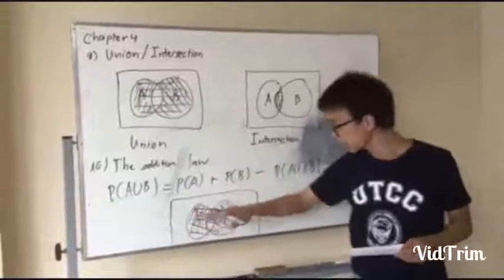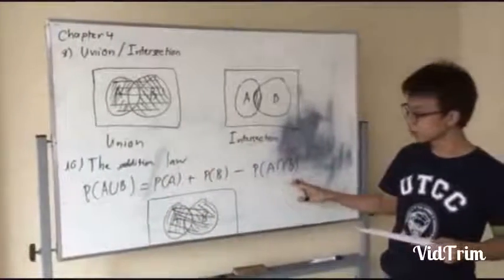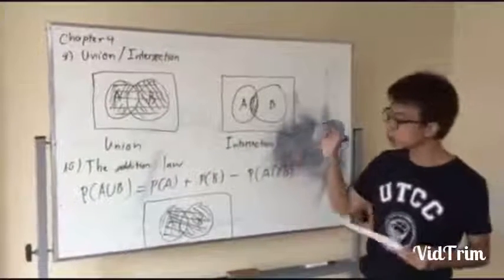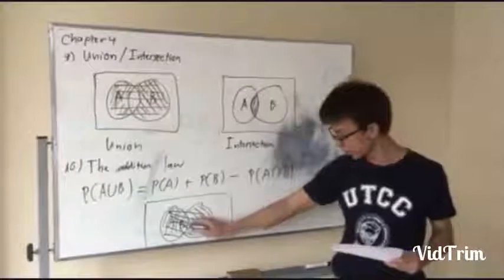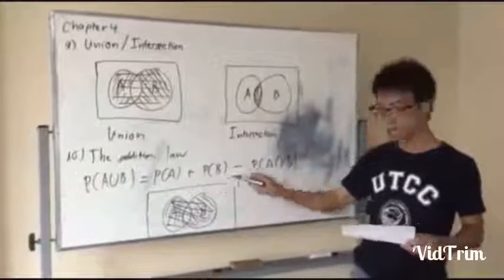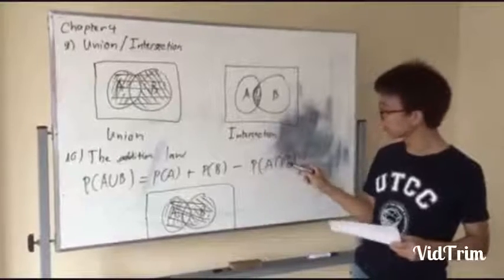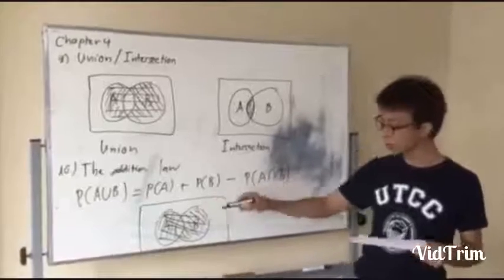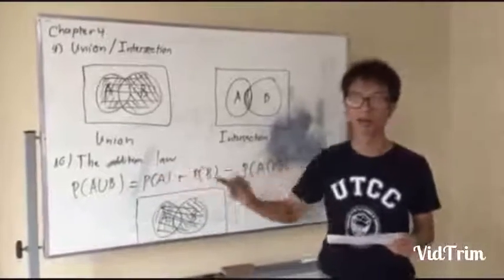You can see the formula of the addition law. To find it, you have to find the probability of event A plus the probability of event B, and you minus the probability of both A and B, so that you will find the addition law.